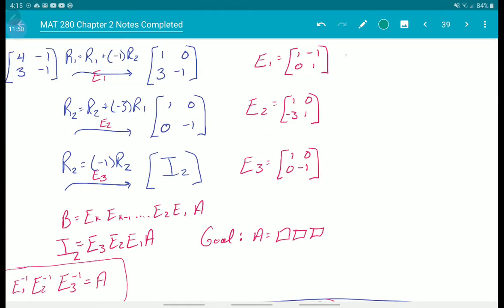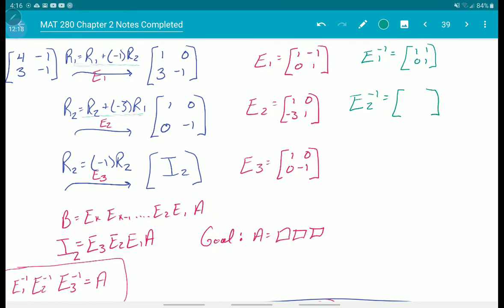So if we look at this one, E1 inverse would undo this row operation. So it would replace row 1 with row 1 plus 1 times row 2, which would have that inverse. E2 inverse would undo this row operation.